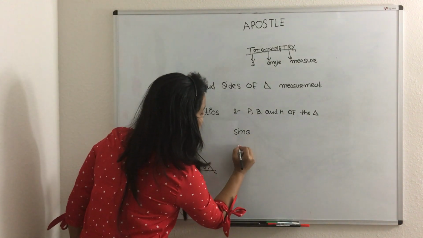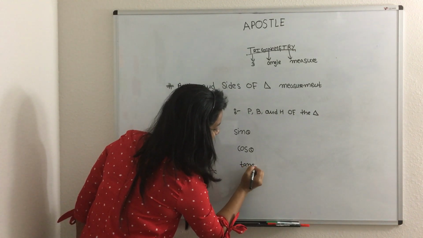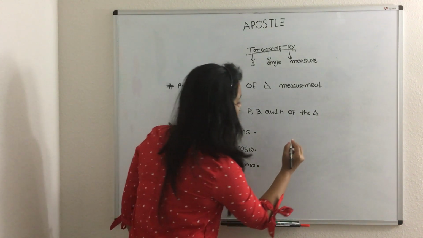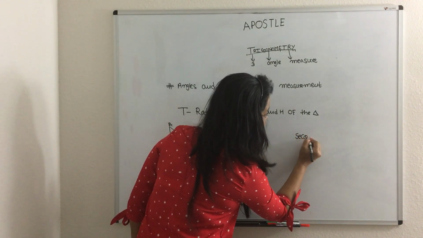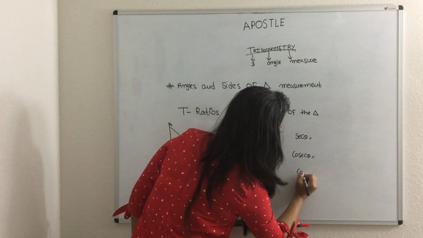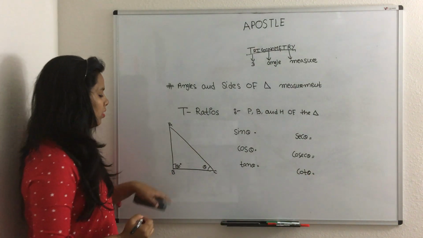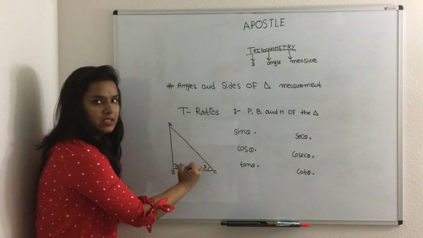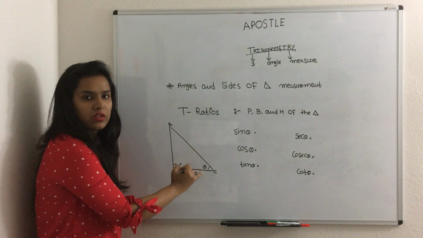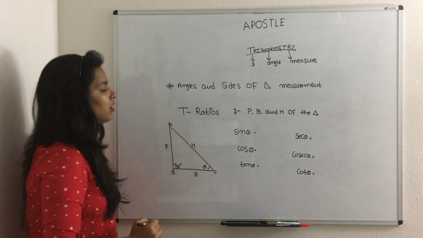So first of all, sine theta, cos theta and tan theta, and the other three T ratios are sec theta, cosec theta and cot theta. Now, in this triangle, what is base? Base is always adjacent to angle theta. Then this is base, and perpendicular is always in the front of angle theta. So this is perpendicular and this is hypotenuse, right?